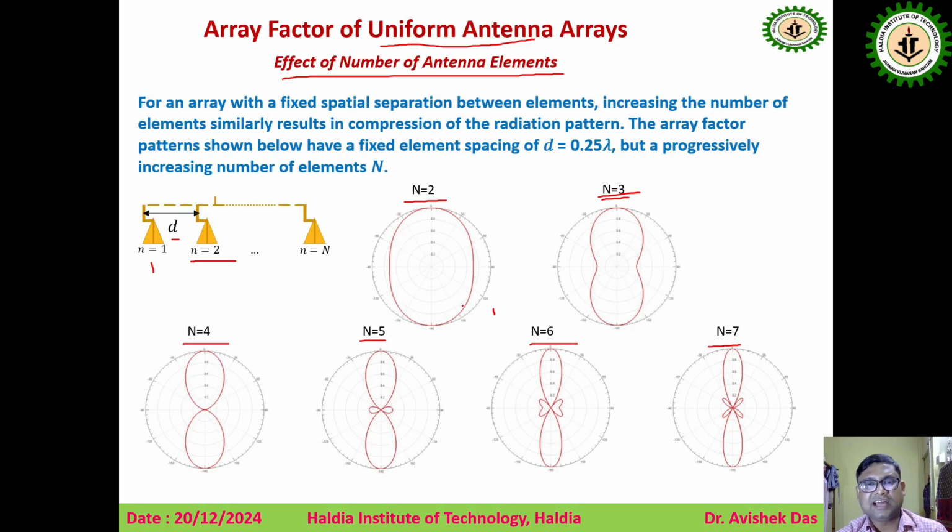We can find the radiation pattern of the antenna array changes. If we increase the number of elements, the radiation pattern of the antenna array becomes more directive. Understand? So if we increase the number of array elements, the pattern becomes more directive.